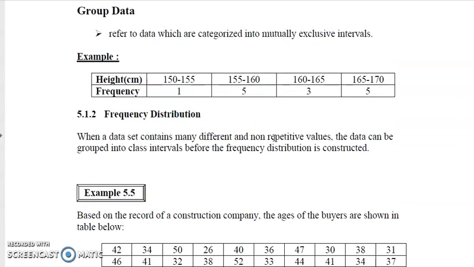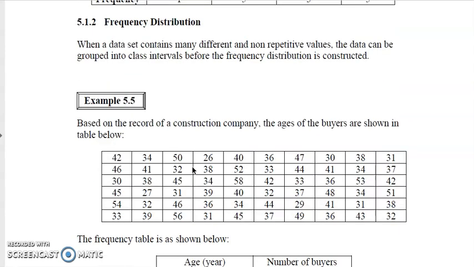Grouped data, if you have a bigger data set, it's very helpful to have grouped data. Of course it will be related to a frequency distribution, so we need to learn how to construct a frequency distribution first. I get a data set, okay, so don't worry, we are going to see it together.